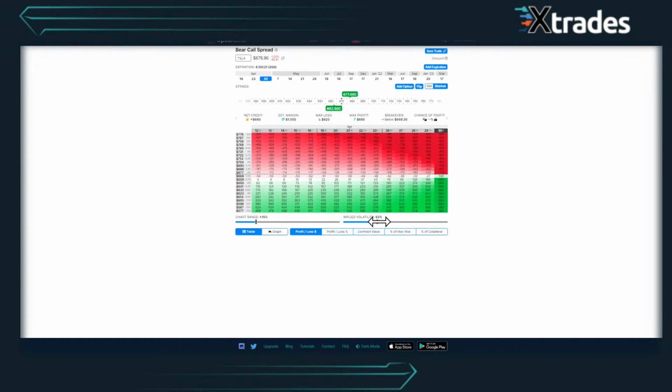And you can even account for changes in IV, right? So if IV increases, you can see that the profile of the risk and reward changes. I usually don't change this unless I know something is happening. For example, if there's ER, then I know IV is going to drop.